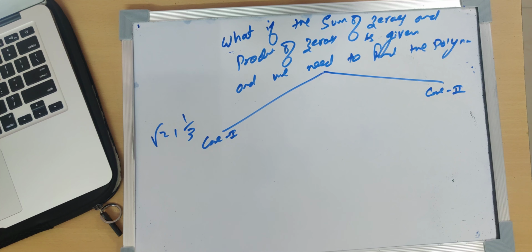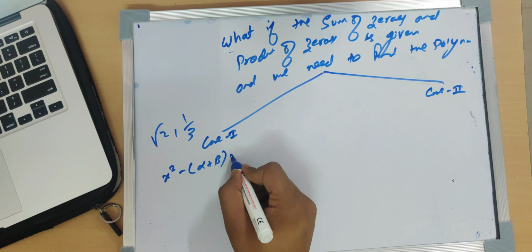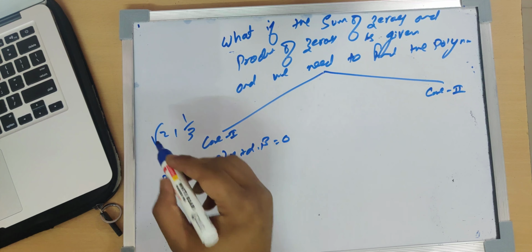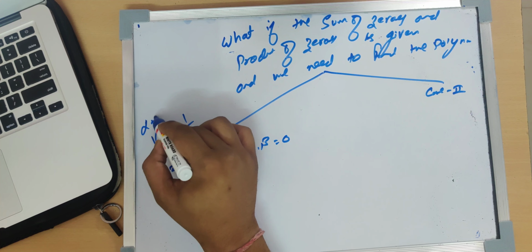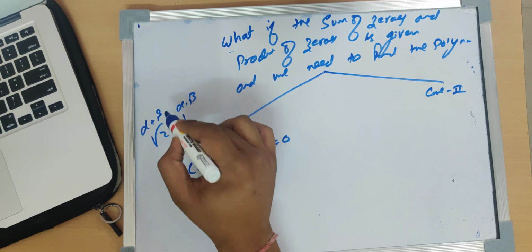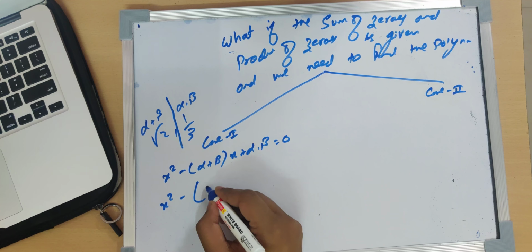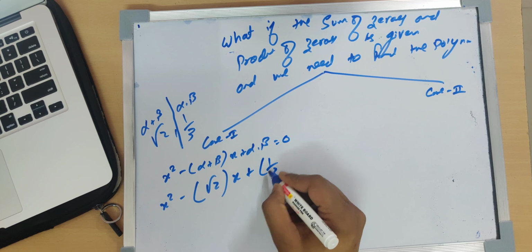Okay. So for case 1, we have a direct formula: x square minus (alpha plus beta) x plus alpha into beta is equal to 0. We just need to put the values. It's given in the question that this is your sum of the zeros and this is your product of zeros, right? So we just need to put the values. What is alpha plus beta? Root 2 x plus alpha into beta is 1 upon 3, is equal to 0.